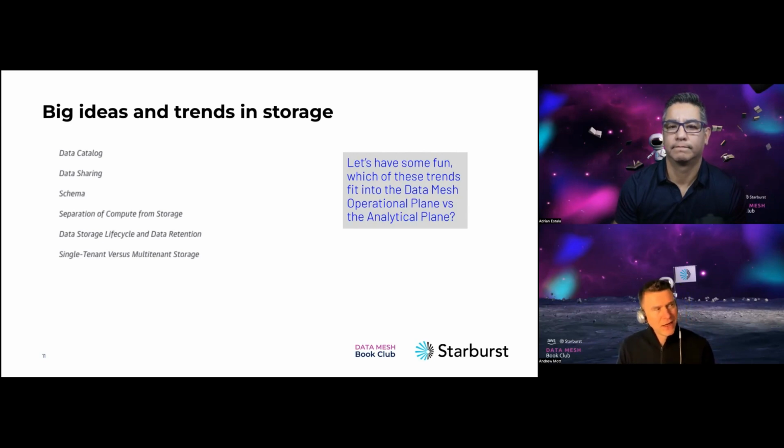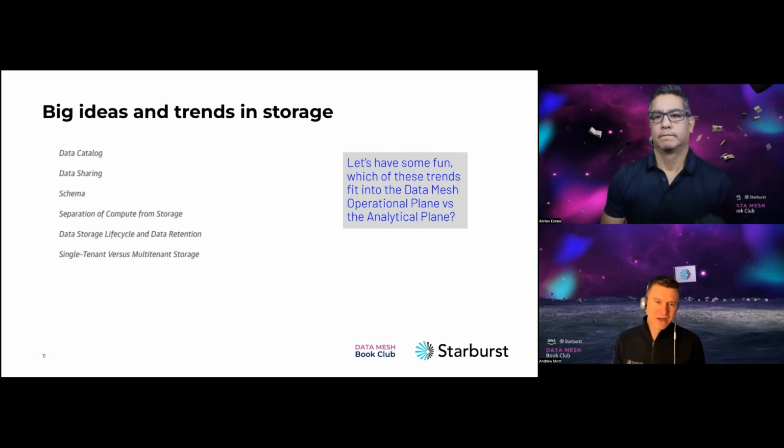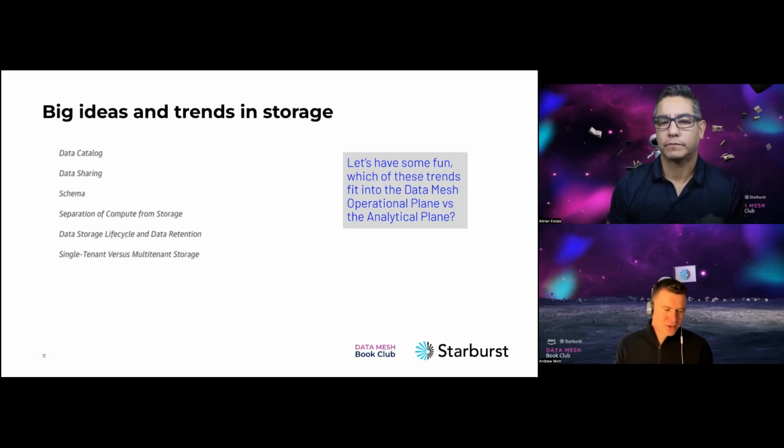Data sharing, I would argue, is very much in the analytical plane. Data sharing is also an interesting term, right? Because it could be internal data sharing or it could be external across multiple organizations. And so you probably don't want to do that across your operational plane. You probably only want data sharing in your analytical.